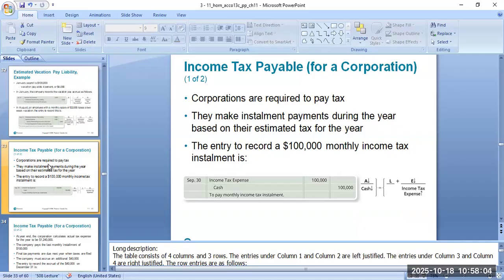That's the second part of the course, which is, I believe, chapters 12, 13, 14, dealing with corporate taxes, what the percentage is, and what kind of taxes the corporation has to pay. Now, as soon as the corporation starts earning income, the corporation is required to pay taxes.